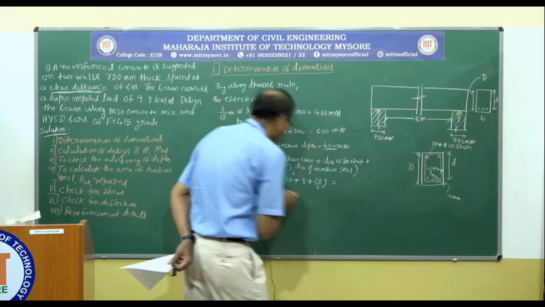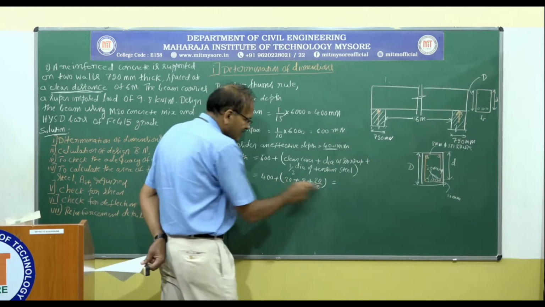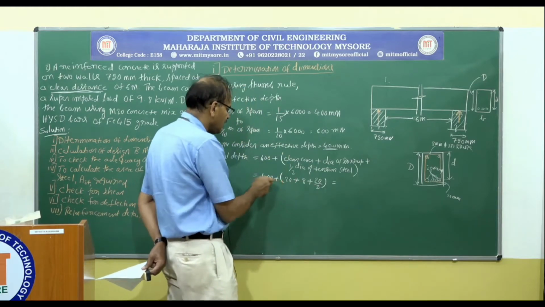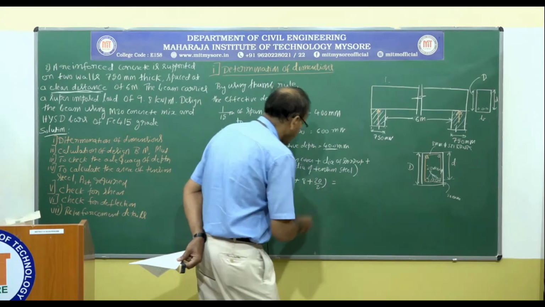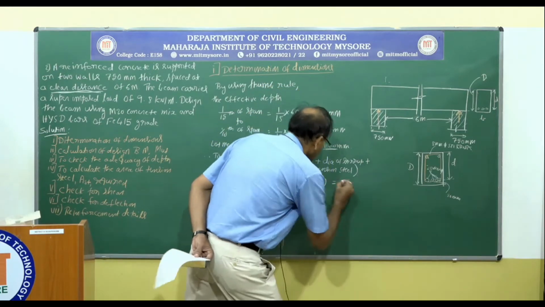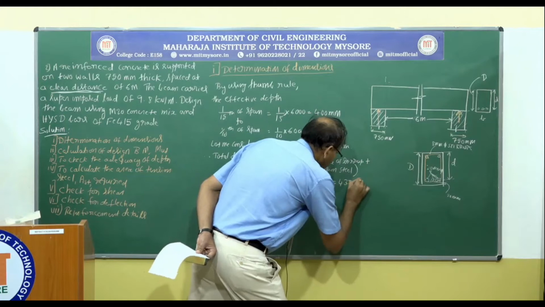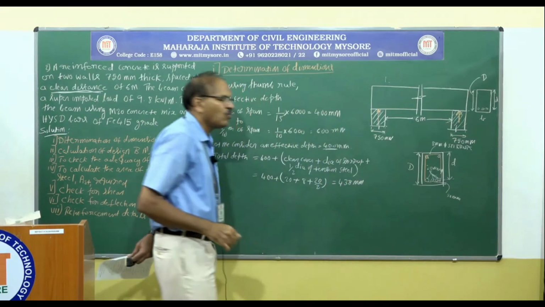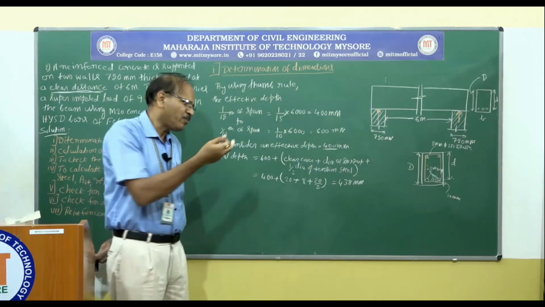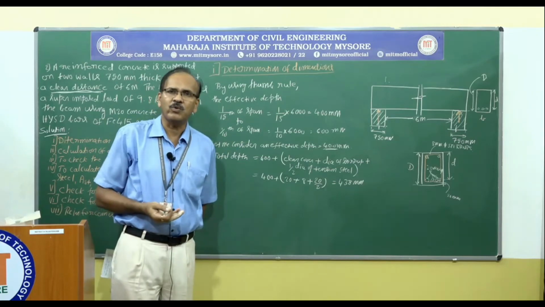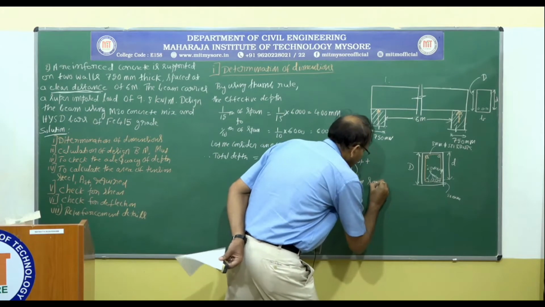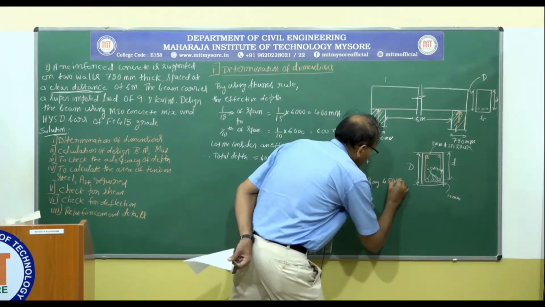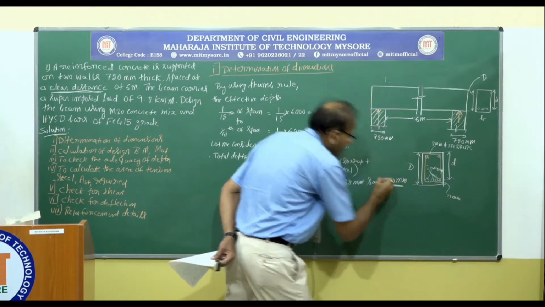That is equal to 400 plus 38, 438. That is the overall depth, but we are not going to provide that fractional value as overall depth. Say 450 millimeter.